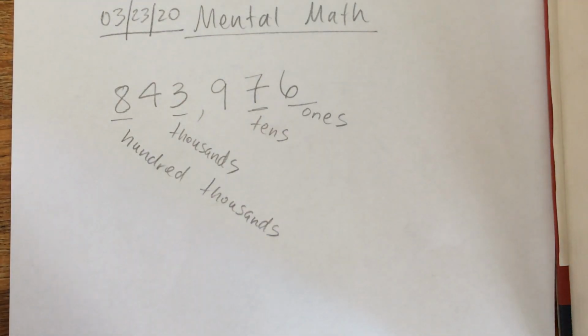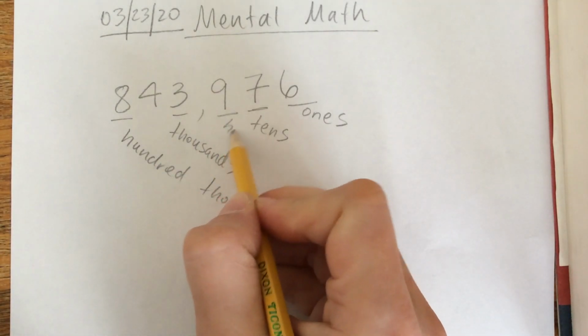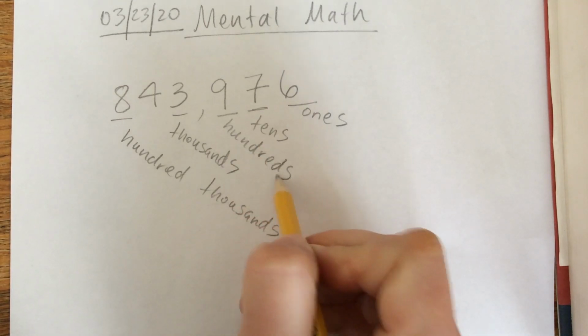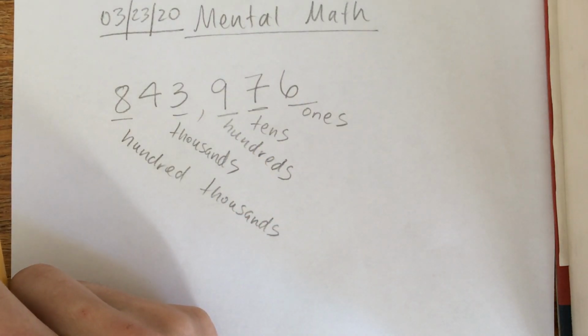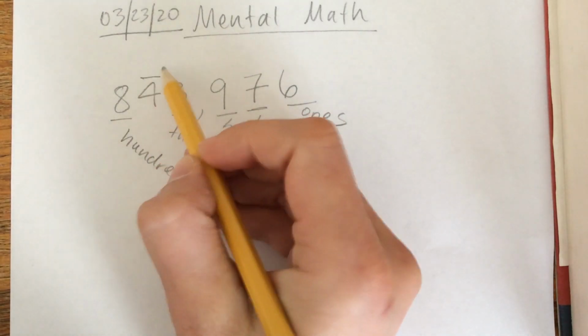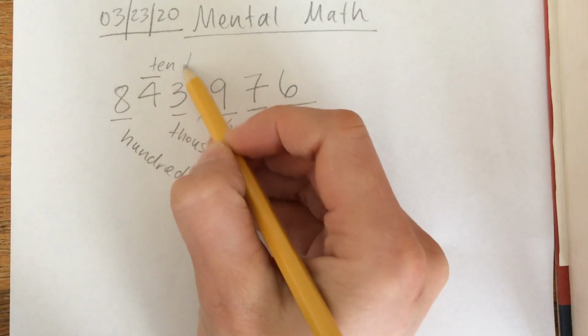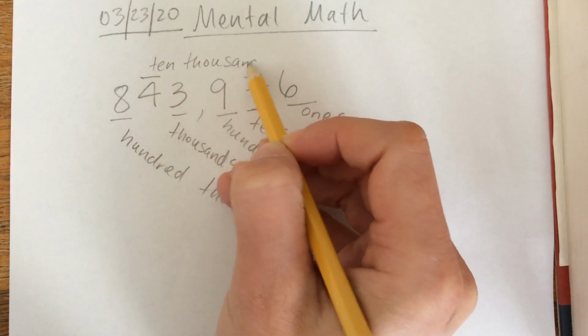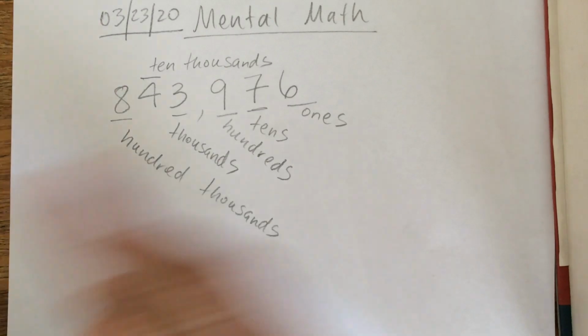I would like you to now identify the hundreds. Pause the video. This is the hundreds. And finally, I would like you to identify the 10,000s. Pause the video. And yes, this one is the 10,000s.